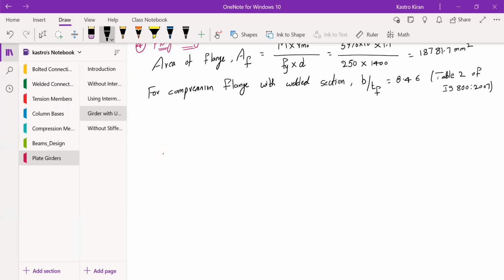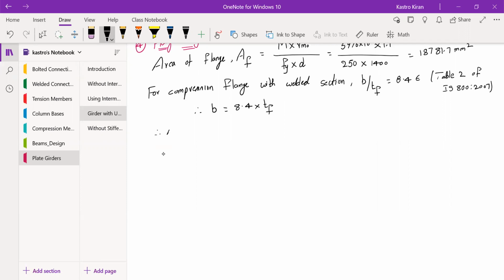Therefore, B equals 8.4 into TF. I'm just cross multiplying this term. B equals 8.4 into TF.